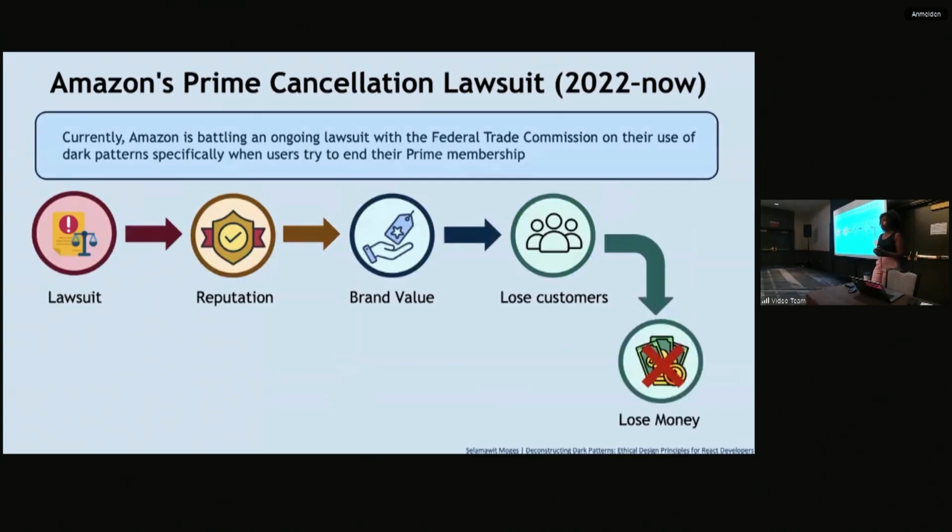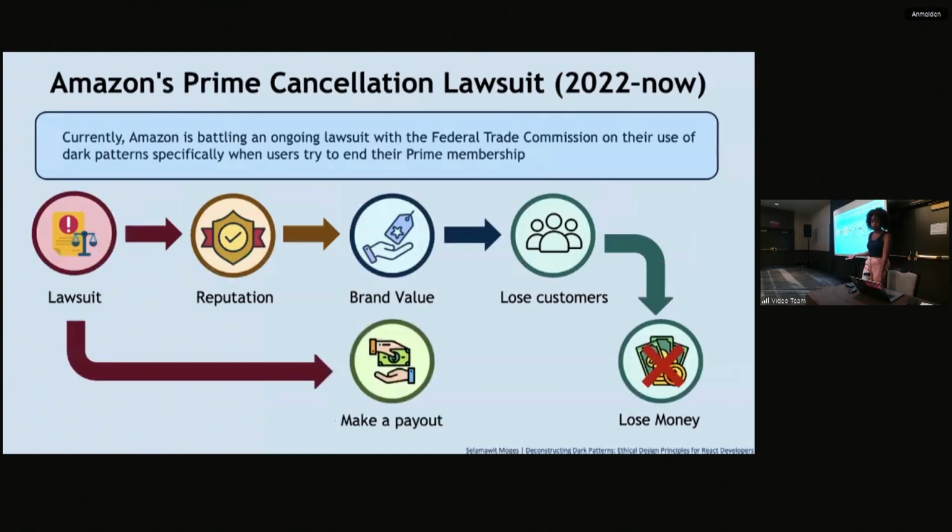Losing customers means losing money. Now, if they lost the lawsuit, it's clear what happens. There'll be some sort of major payout, which again, in turn, you lose money. So it's in the company's best interest to avoid deceptive design that can land them into tricky situations like this.